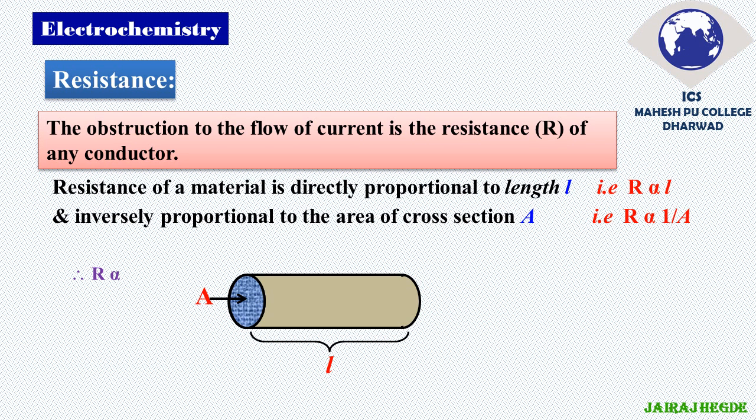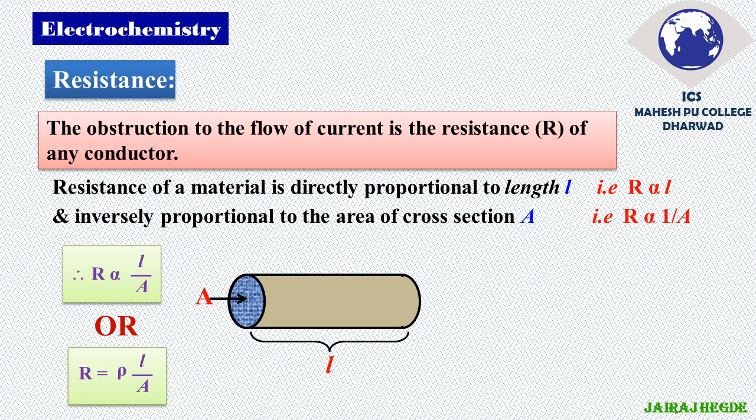So from this we can say that R is directly proportional to L by A. If you want to put a proportionality constant, R is equal to rho into L by A. This rho is called resistivity of the conductor.